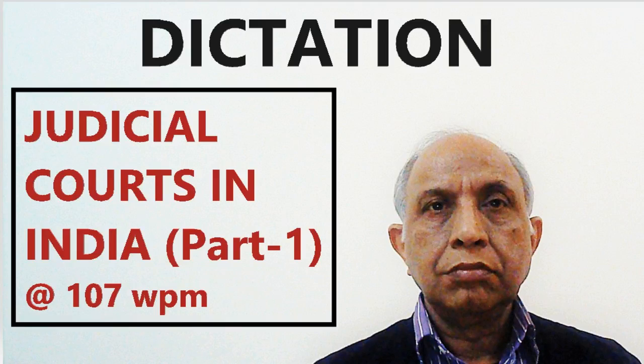Courts hear criminal and civil cases, including disputes between individuals and the government. The Indian judiciary is independent of the executive and legislative branches of government according to the Constitution.